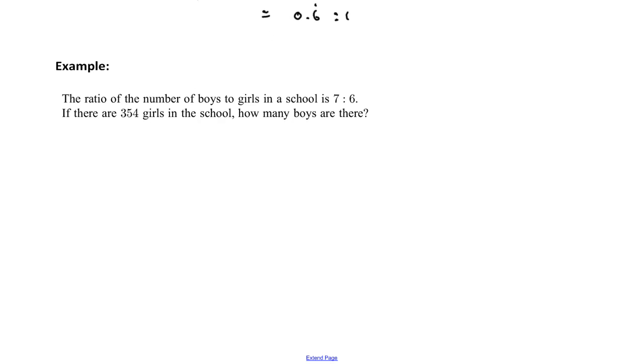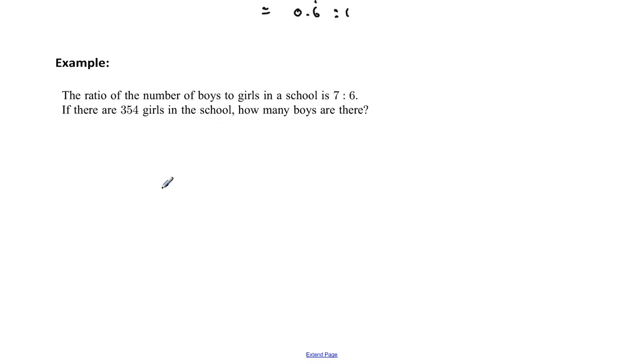Okay, in the next question, we've got some practical problem-solving type questions. The ratio of the number of boys to girls in a school is 7 to 6, and we want to know if there are 354 girls in the school, how many boys must there be? Well, let's write down our facts. Boys to girls. We know that that's 7 to 6.